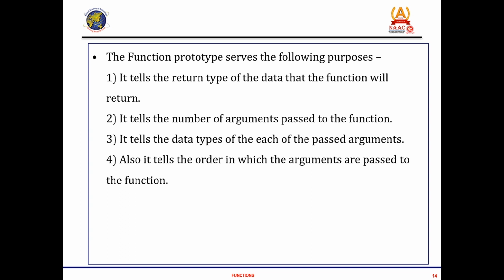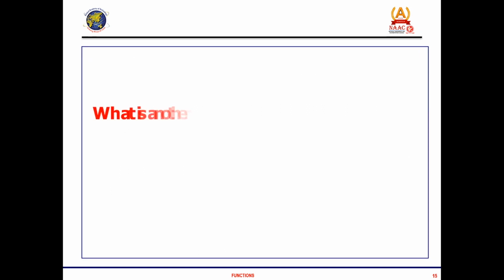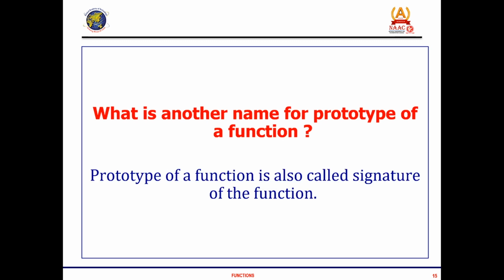Also, it tells the order in which the arguments are passed to the function. Therefore, essentially, the function prototype specifies the input-output interface to the function. That is, what to give to the function and what to expect from the function. Now, what is another name for the prototype of a function? The prototype of a function is also called the signature of the function.